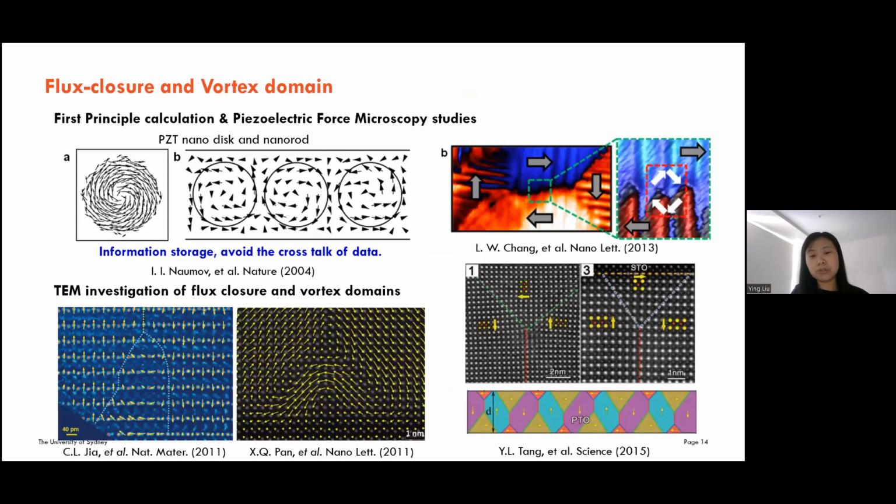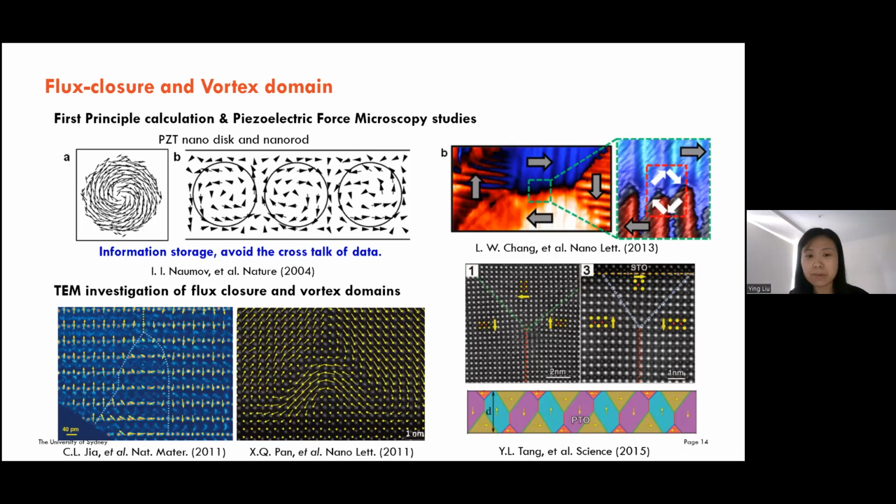In addition to the interface, the domains in the ferroelectrics are also very important in determining their property and applications. The flux closure or vortex domains in ferroelectric materials have attracted a lot of attention.